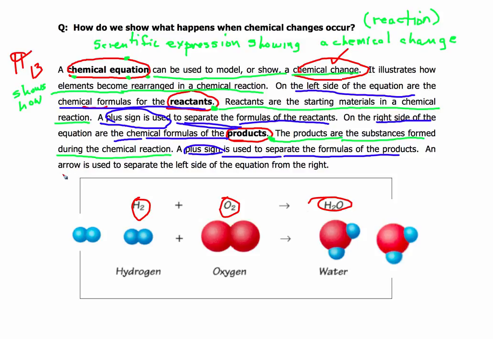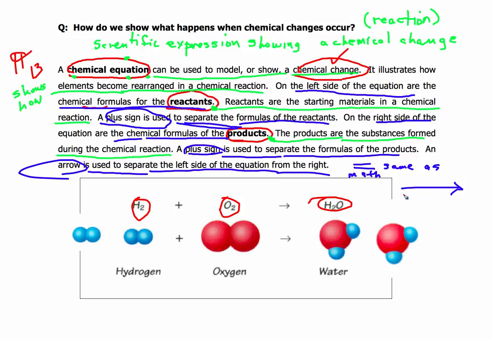An arrow is used to separate the left side of the equation from the right. So in math, you'd use an equal sign. So it's kind of like an equal sign is the same as an arrow. So a math equal sign would be the same as an arrow in science.